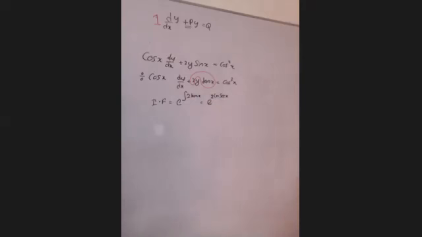Then how to simplify this? e to the power 2 ln sec x. I can take this 2 inside the ln, which turns up to sec squared x. Then e and ln get cancelled and the integrating factor simplifies to just sec squared x.